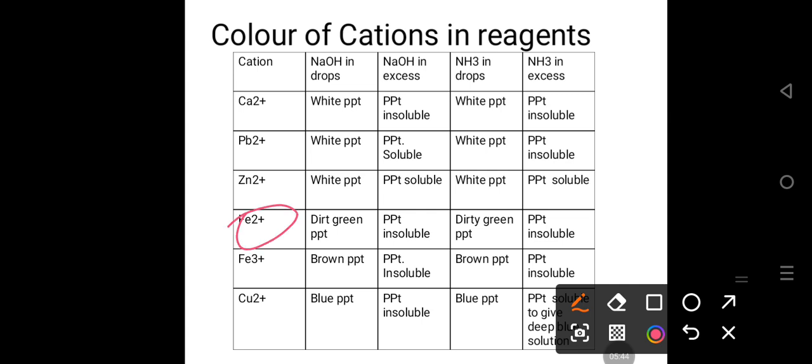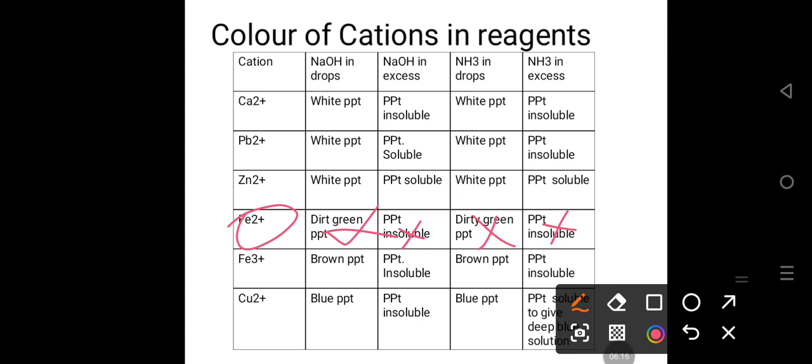So let's talk about iron 2 ion. You have dirty green precipitate, which is insoluble in excess sodium hydroxide. When you add aqueous ammonia to it, dirty green precipitate will be formed. It's also insoluble. Somehow behaving like calcium, but the only difference here is the color, which is green, whereas calcium is white.